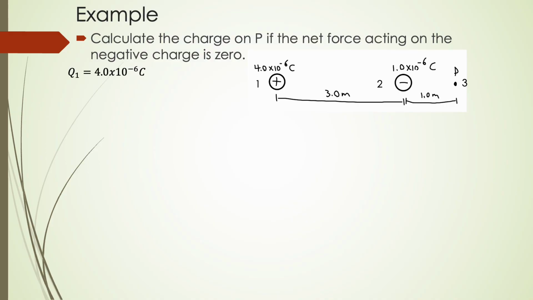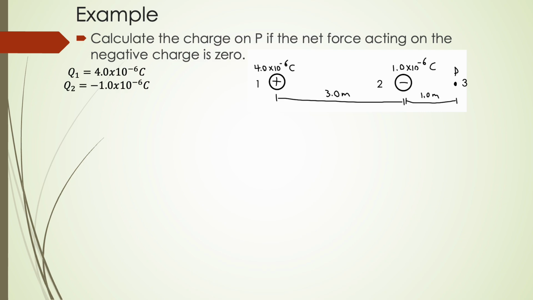And writing out our charges, we know charge 1 is 4 times 10 to the negative 6 coulombs. Charge 2, sorry about that, is equal to negative 1.0 times 10 to the negative 6 coulombs. Charge 3, we're looking for. The radius between 1 and 2 is 3, and between 2 and 3 it's 1.